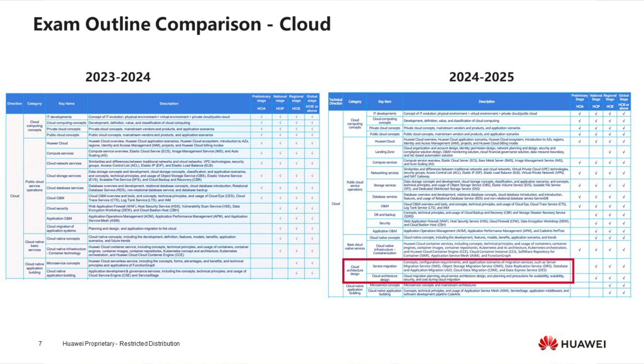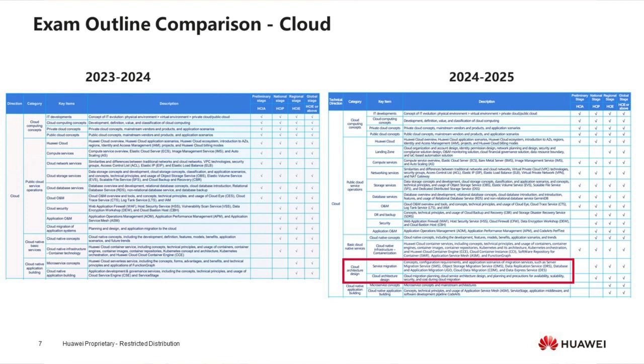So you will have questions about these two parts when it comes to the national stage and the regional stage or global stage. It could either be a written question like true or false, multiple choice, single choice, or if it comes to the regional and global stage, it's very likely to be in the lab, especially for service migration.